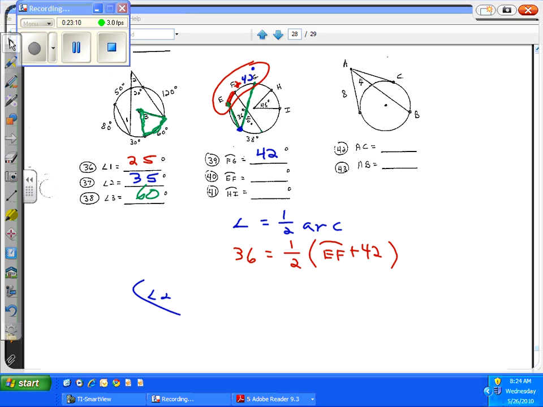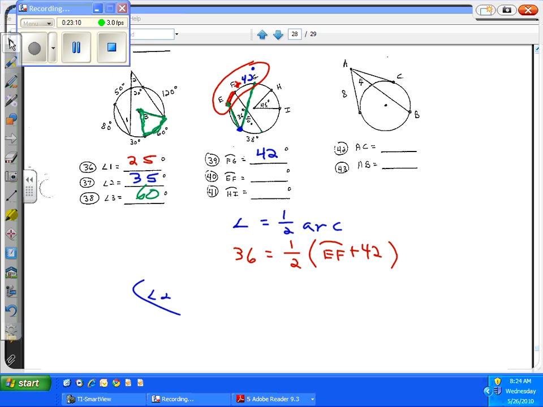What's something that does hit a part of it at least? Well, that hits a part of it. Where's its vertex? On the circle. If the vertex is on the circle, then the angle is equal to 1/2 the arc. Well, we know the angle is 36. So the angle 36 is equal to 1/2 the arc.